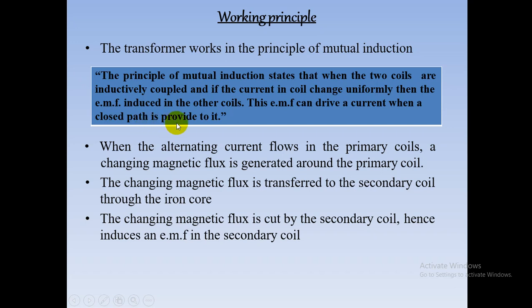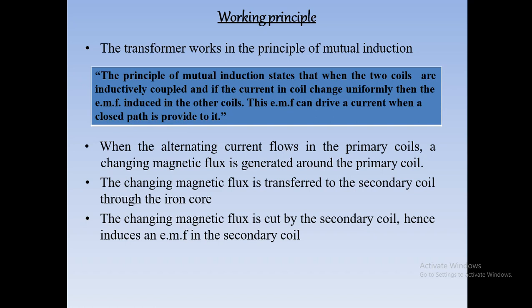It means that when the primary winding of the transformer is excited by an AC supply, the secondary winding is also mutually connected through a low reluctance path. Hence, the supply will drive a current in the primary winding.